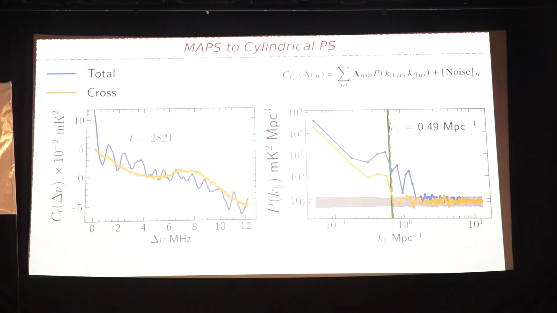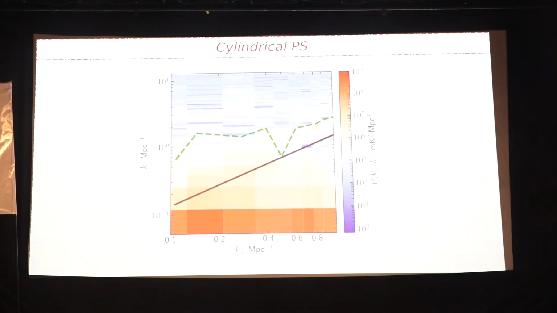So here I have shown one particular L beam, angular multipoles, which corresponds to one k perpendicular value. And in this plot, I am showing all of these L beams in a so-called heat map, which shows the cylindrical power spectrum over all available k perpendicular and k parallel modes.